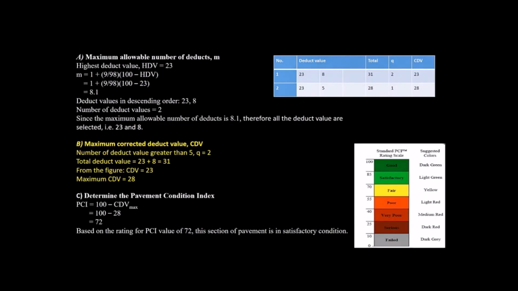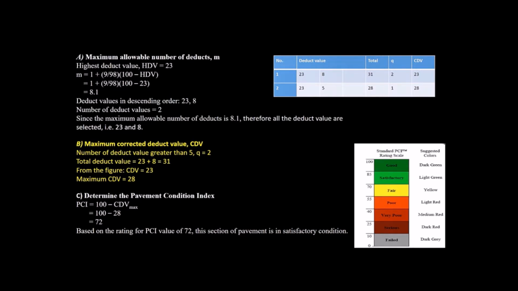The most important part is the third section, which is section 7, because the number of deduct values greater than 5, q, equals 1, so the calculation will be different than before. As we can see in the table in the right corner, q equals 2, therefore we have to reduce it until q equals 1.